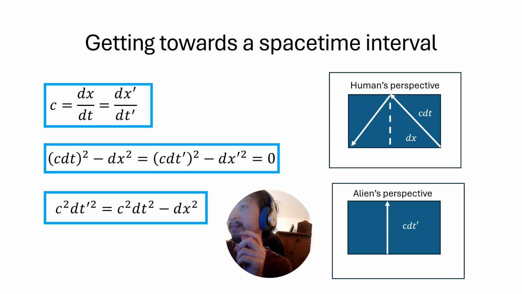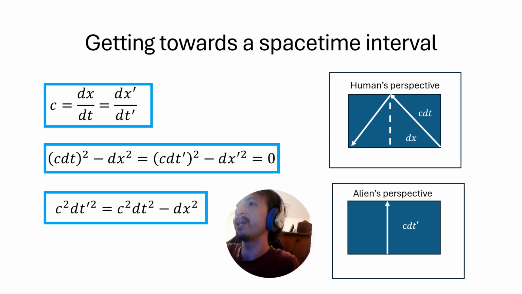And this equation is very, very special because it tells us, since by relativity we have to take c to be the same for the human and the alien, that dt prime and dt have to be different if dx isn't 0. So in other words, providing the alien has some non-zero horizontal velocity relative to the human, the time it takes for the light to travel to the ceiling from the alien's perspective will be different to the time it takes from the human's perspective.